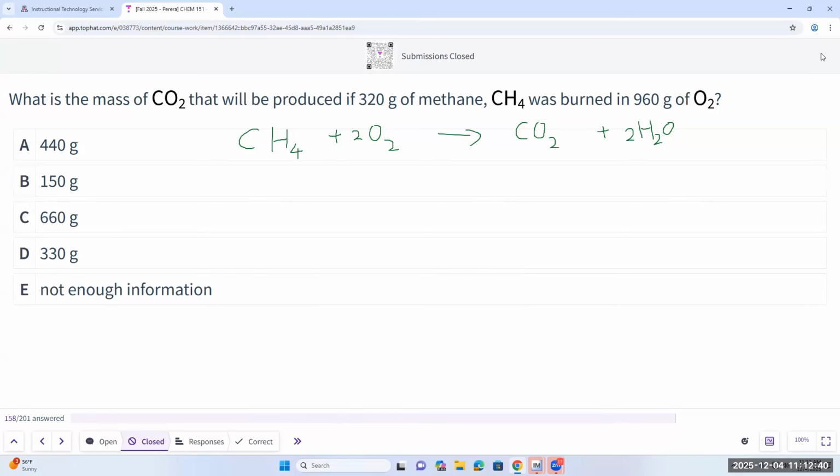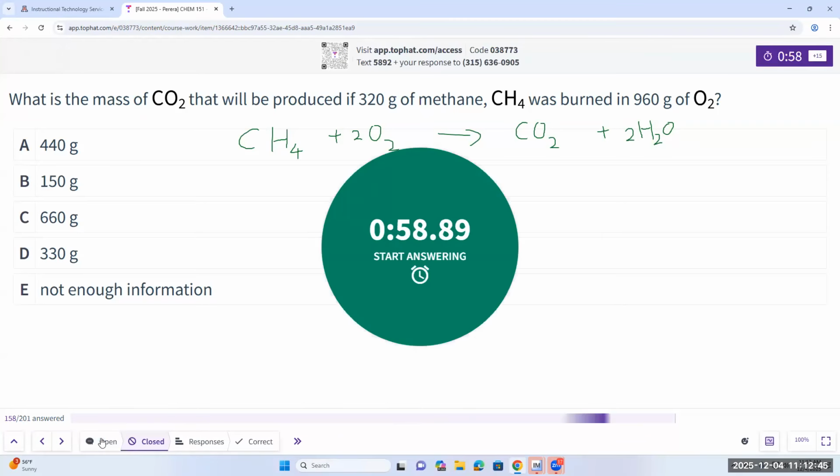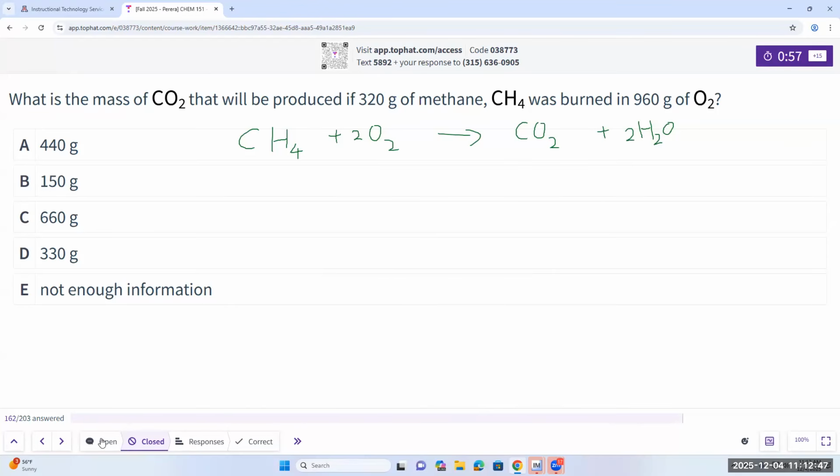All right, I think that should be enough time for discussion. So here's what I'm going to do. There are 2 ways of approaching this problem. One is to determine the limiting reactant first, and then do just one calculation.